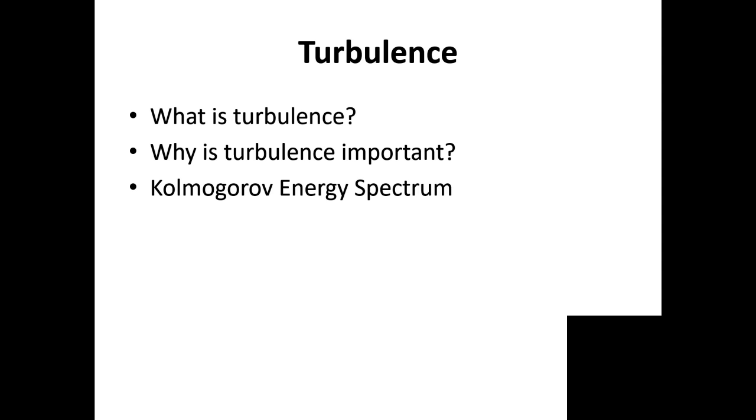Okay, we'll look at turbulence today. You know what is meant by a laminar flow, and you also know what is meant by a turbulent flow. But we will look at how turbulence is treated in CFD.